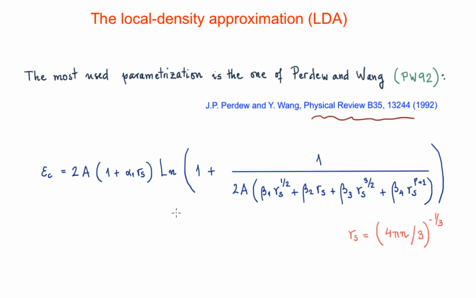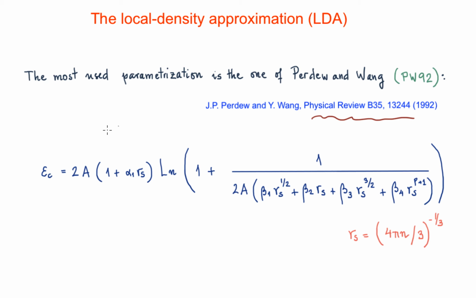So here we have presented the first and simplest approximation for the exchange and correlation energy, which is the local density approximation, quite commonly used in nowadays ab initio calculations.